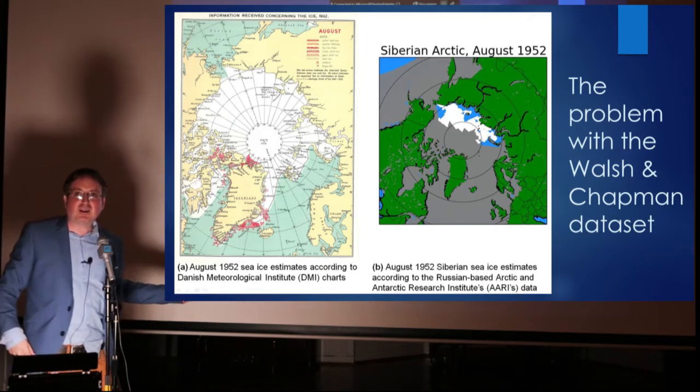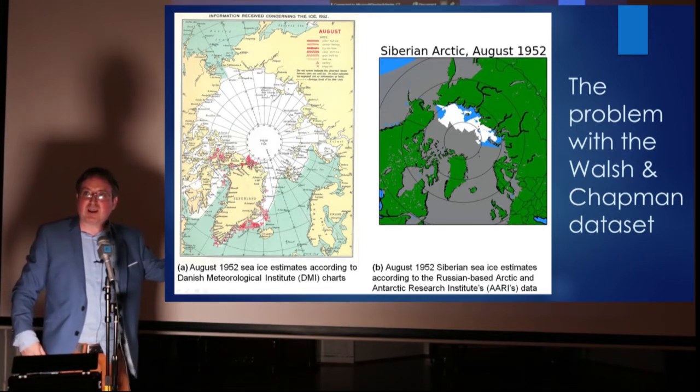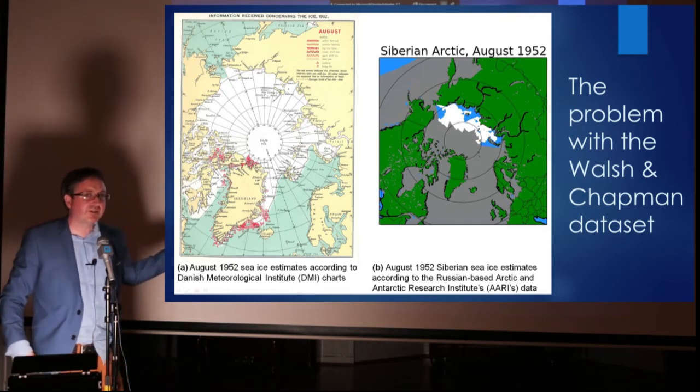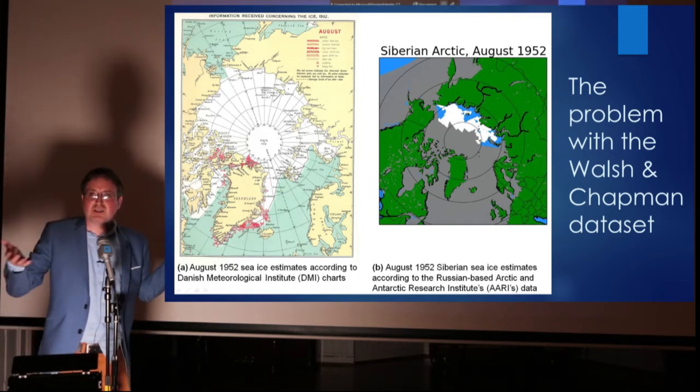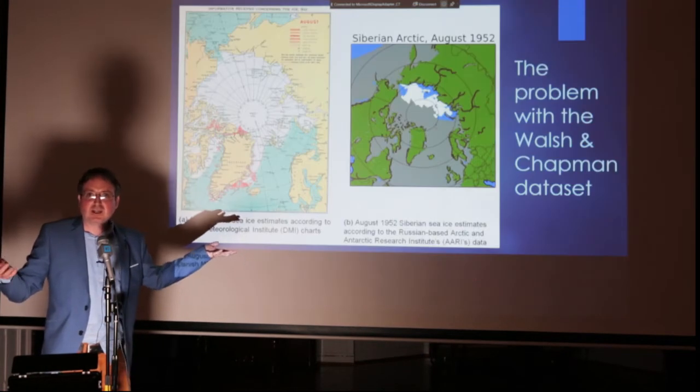But simultaneously, the Russian meteorological agencies were actually monitoring the ice. About 10, 15 years ago, I think it was 2007, there was a major digitization of all of the Russian data and a sharing between the US and Russia.